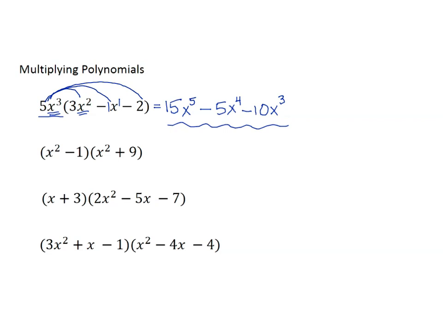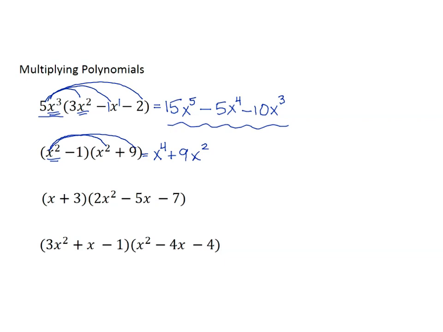So let's look at it in terms of distributing. I'm going to start with the x squared term here, and I'm going to distribute it. So I'm going to multiply x squared times x squared, and I get x to the 4th. And then I'm going to do that same x squared times the 9, and I get 9x squared.